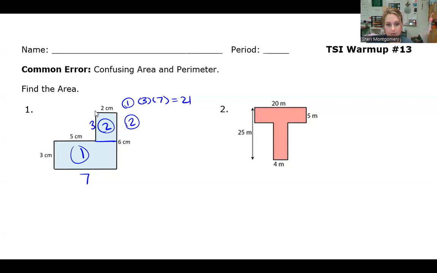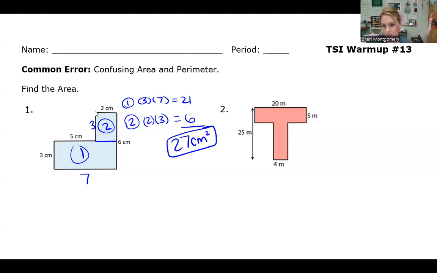So for my second rectangle, it's the area of 2 times 3. And I can add those together because it's all of the area of that. So 21 and 6. So I get an area of 27, and it's centimeters squared.